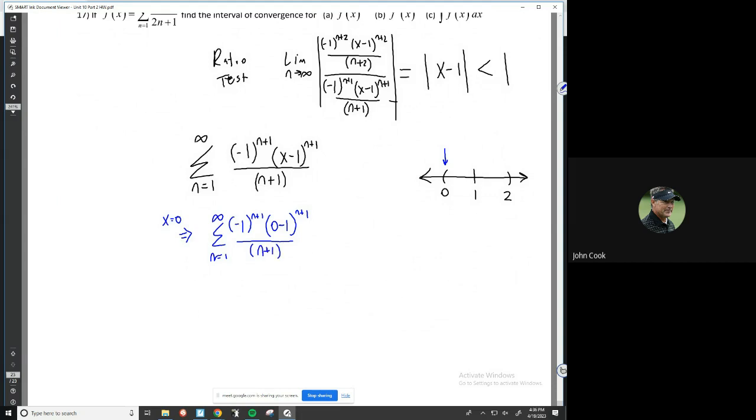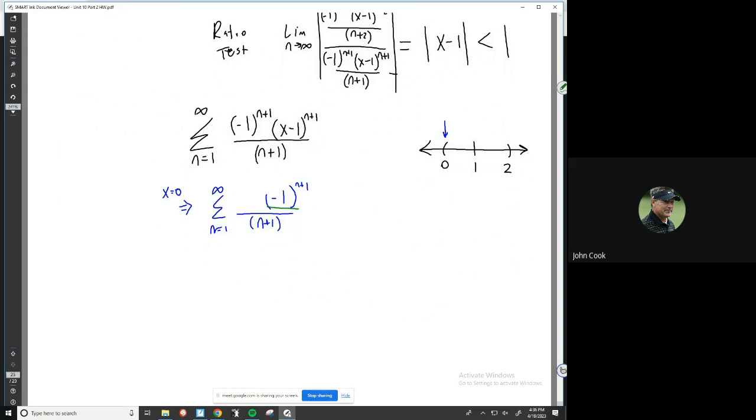All right, well, 0 minus 1 is -1. And you know how I could write this? Look at this. It's -1 to the n plus 1 times another -1 to the n plus 1. So I would just turn that into -1 to the n plus 1, squared, right?